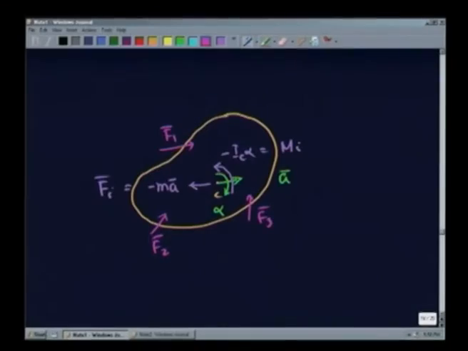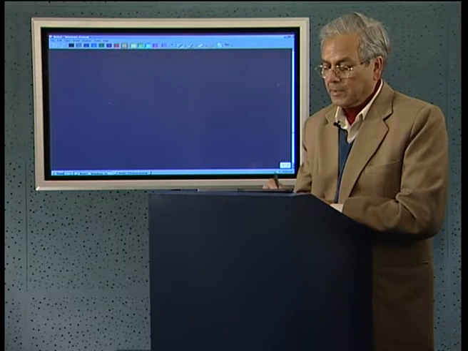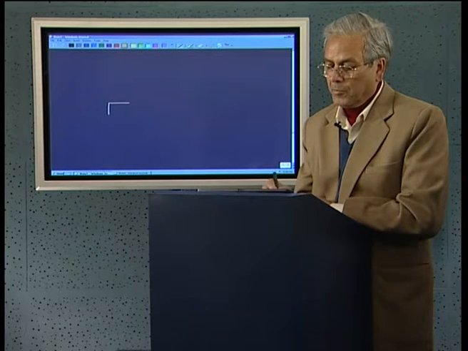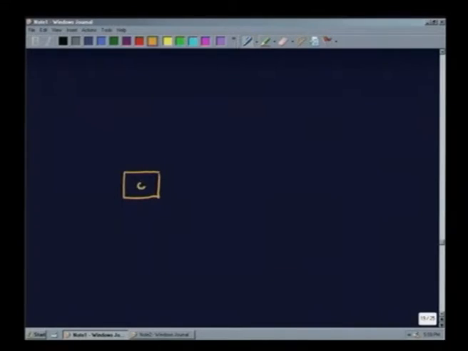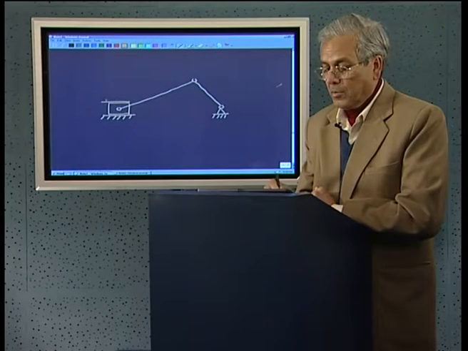Just like that, suppose we go back to our original example, which I am referring back to again and again, and let us consider a more realistic and more complicated problem of finding the loading on the connecting rod.